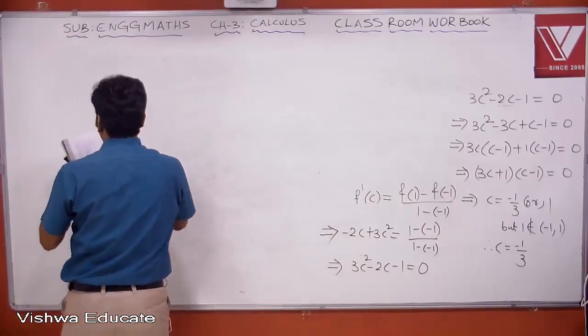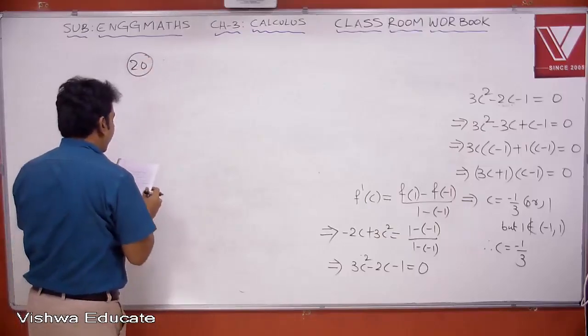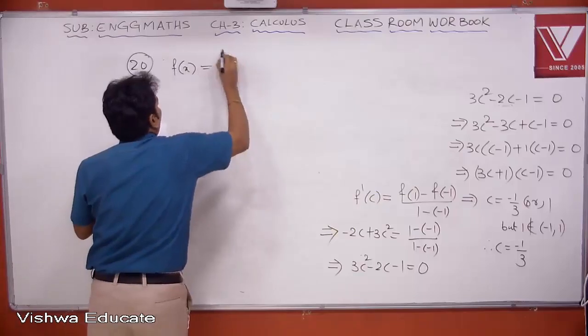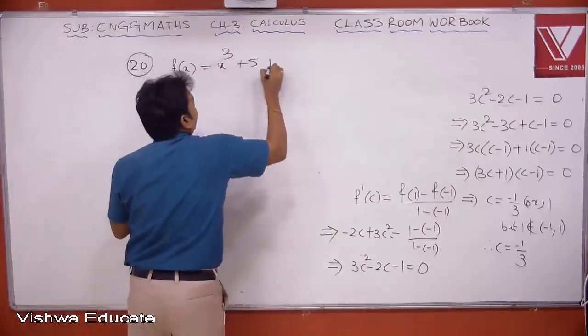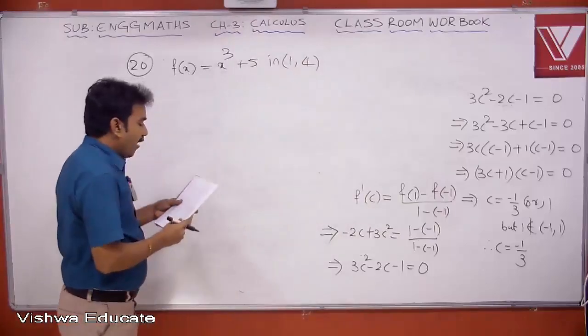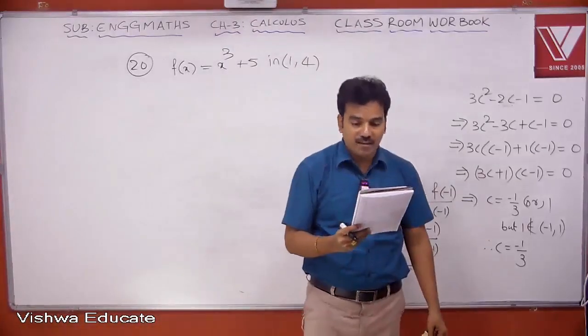Now let us move to question number 20. The Lagrange's mean value theorem is satisfied for f of x equal to x cube plus 5 in open interval 1 comma 4 at a value rounded off to the second decimal place of x is blank.